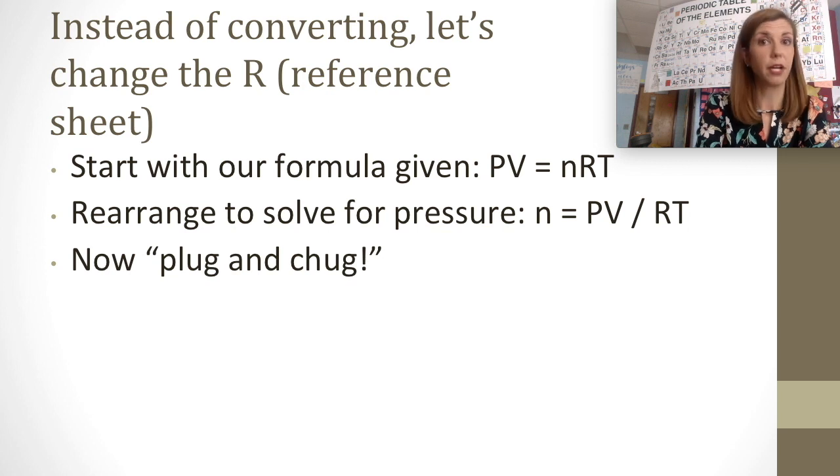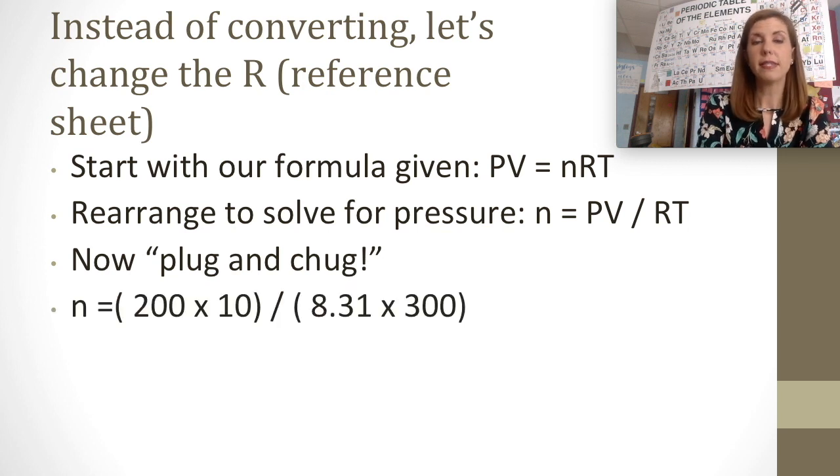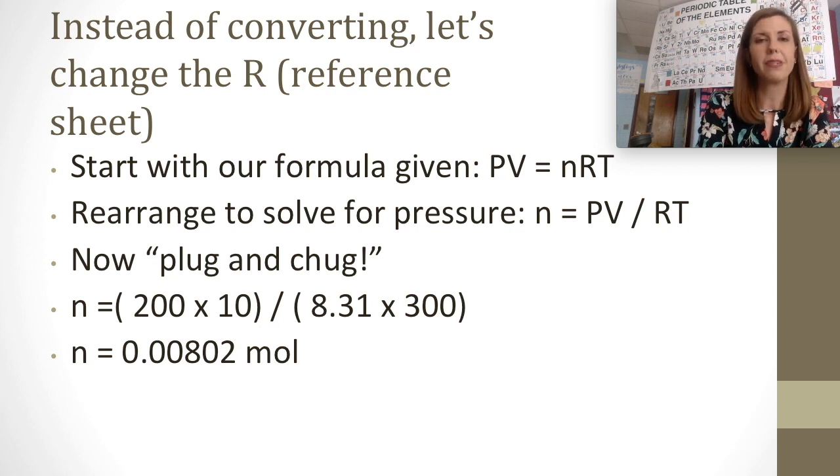Now we're going to plug in our values. This time we're going to keep our kilopascal pressure as 200 times our volume of 10 liters divided by a different R, 8.31. That value represents the kilopascal pressure, and then times our Kelvin temperature gives us our number of moles. Then we need to convert those moles to mass.